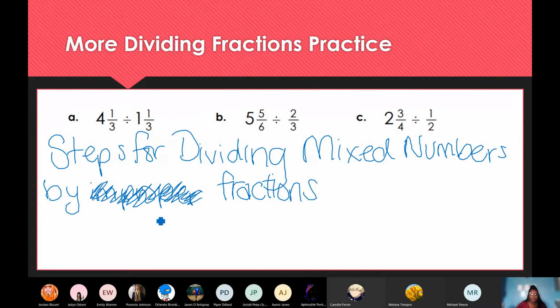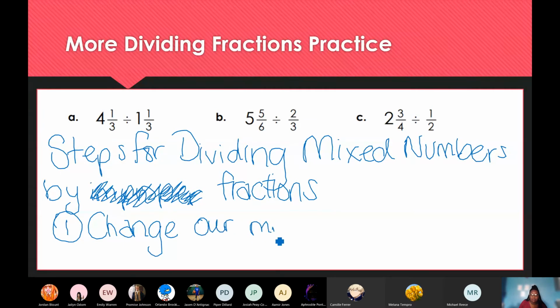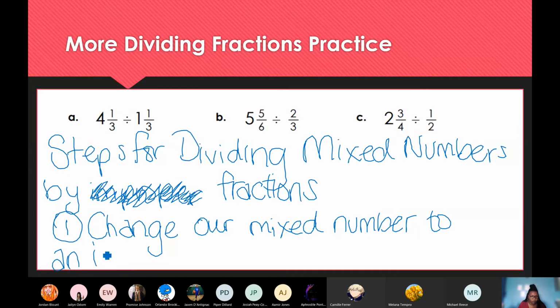So when we're doing this, we want to remember step one, we have to change our mixed number to an improper fraction.